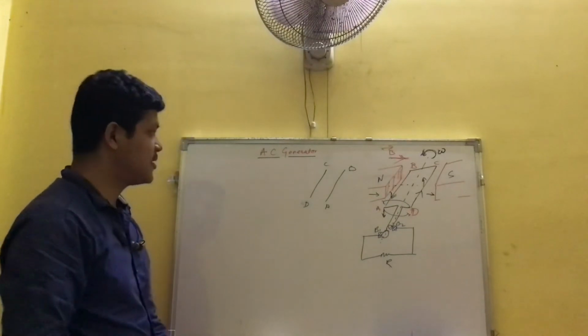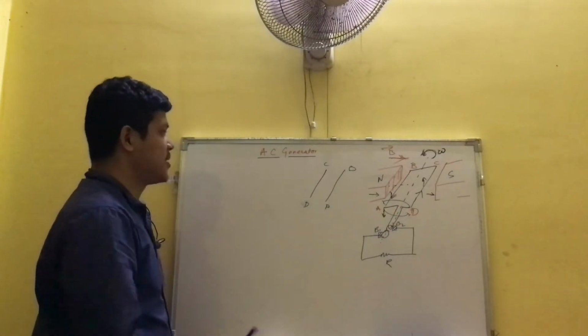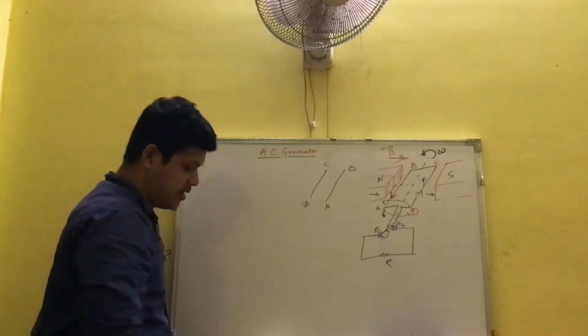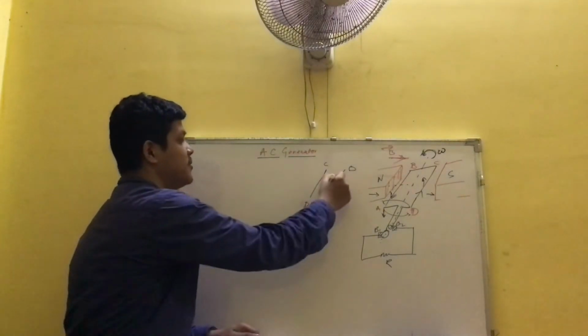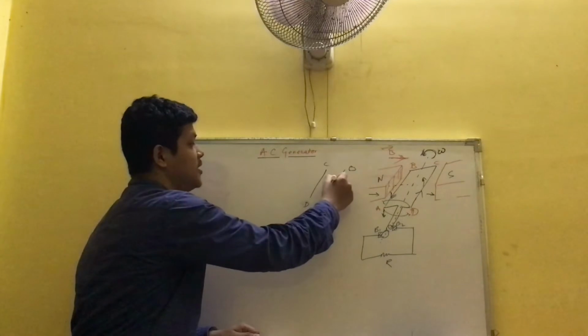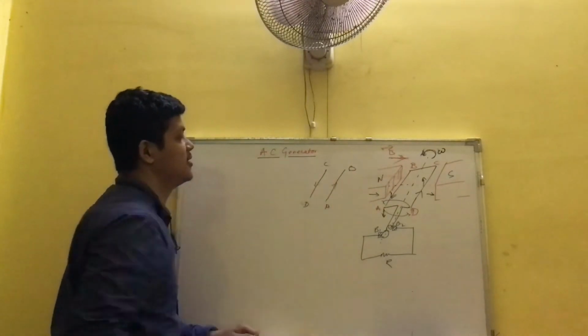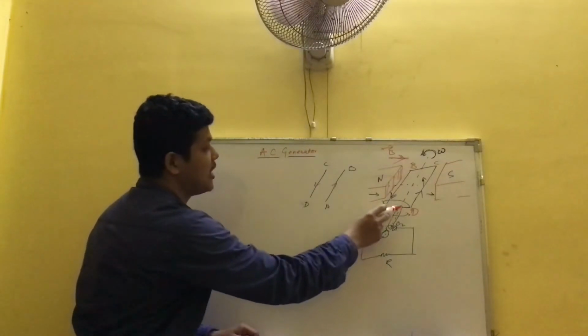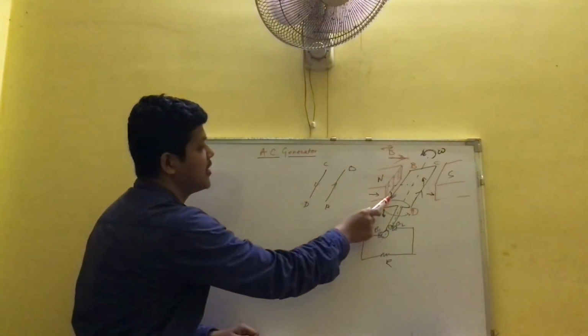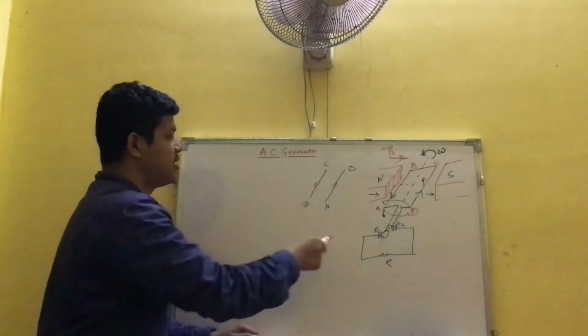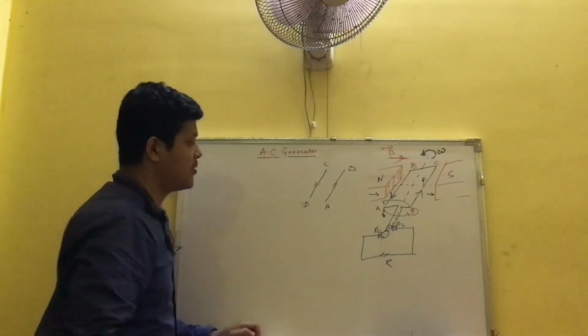Now in this case, after half a cycle, AB will be pushed up and CD will be pushed down. The direction of induced current in AB is in this direction and in CD in this direction. So after a half cycle, you can see clearly the direction of the current is changed. It will be changed after every half cycle.